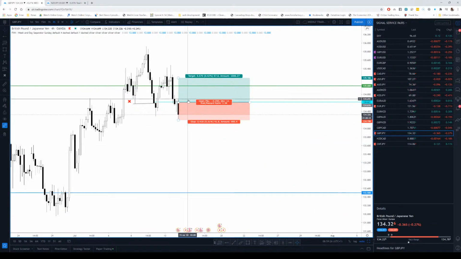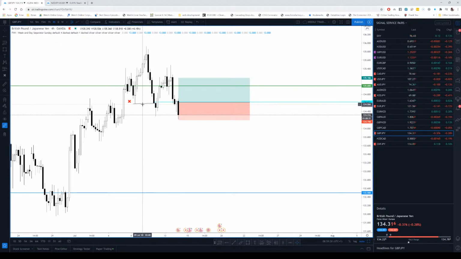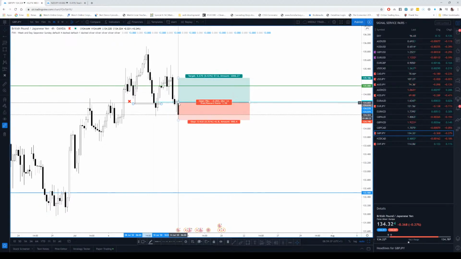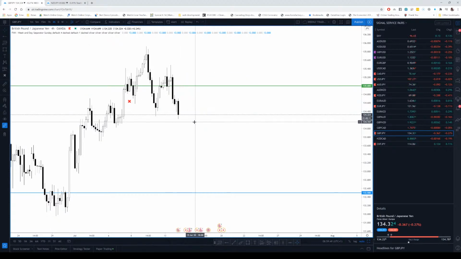Pound yen, yeah, last night or yesterday I was watching this level because it did take out this low and then pushed higher, so I was expecting it to give some short-term move up here and then I'll sell it back down, but it looks like it didn't. Now if we do break down, okay, it's just like that one I outlined in New Zealand yen.